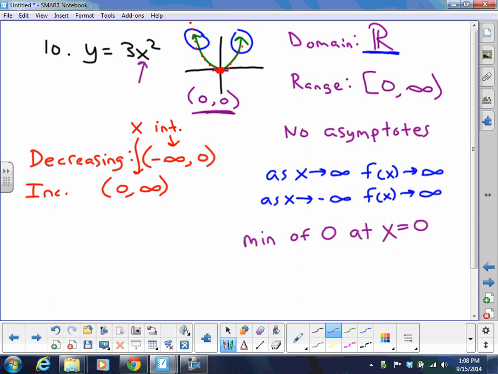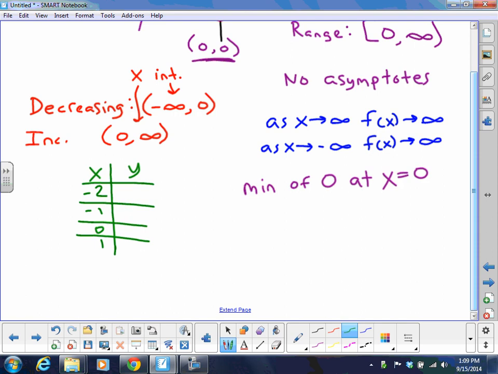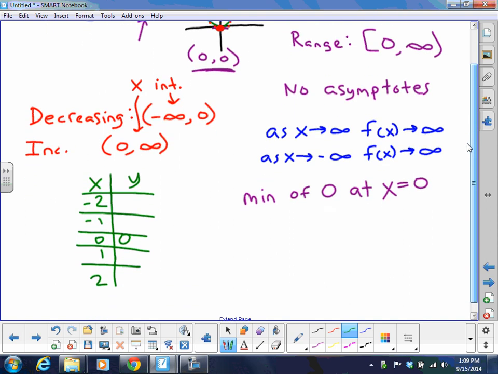Now this one does have even symmetry. Here's how you can tell. If you were to go to the table of values, let's just put a couple in here. Again, I know 0 goes through 0. If I were to plug 1 in there, 1 squared is 1, but when you times it by 3, it becomes 3.